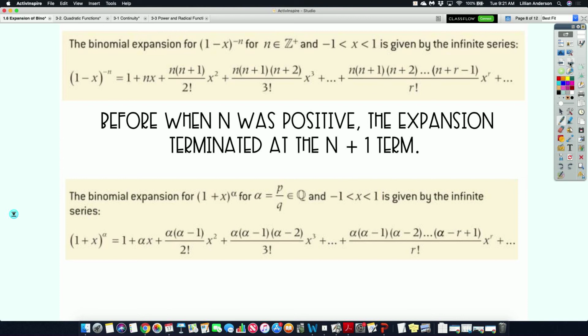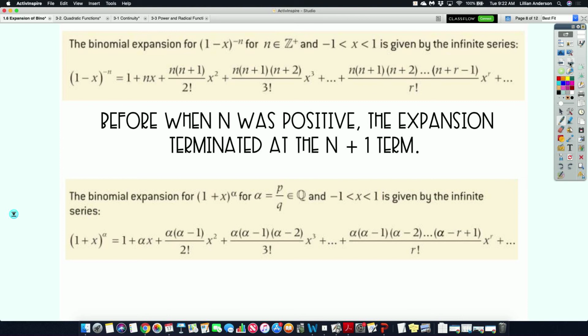So the binomial expansion, when it's 1 minus x to the negative n power, equals 1 plus n times x plus n times n plus 1 over 2 factorial x squared plus n times n plus 1 times n plus 2 all over 3 factorial x to the third power.